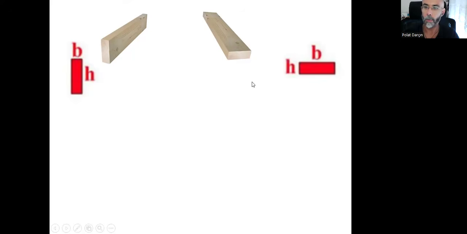Short side parallel to the ground, long side perpendicular to the ground. Like that. Not like this. This is something that we don't want. We don't want our long side to be parallel to the surface of the ground, short side to be perpendicular to the surface of the ground.